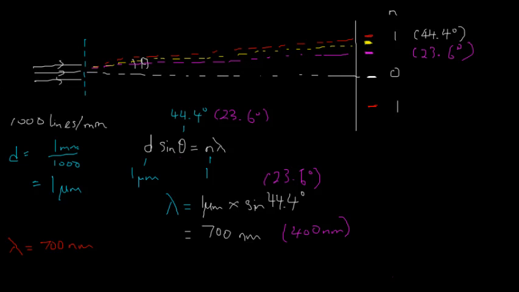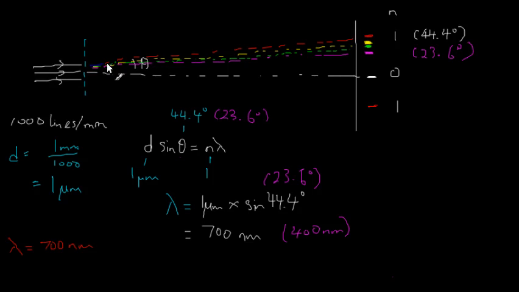How about the green light? Let's have a look at the green light. The green light will be maybe a little bit further down, somewhere between the yellow and the violet. That would produce another fringe a bit further down. And then we could have a blue light as well.